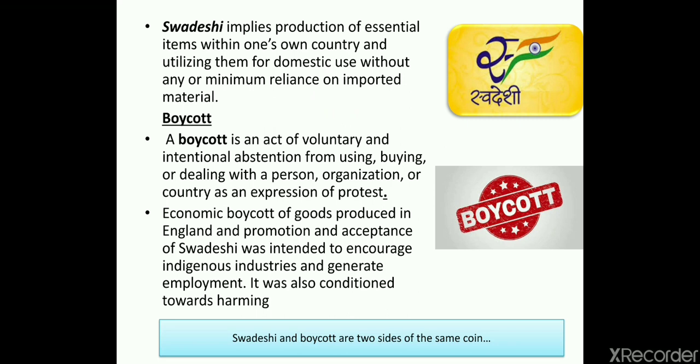Now, another method which was adopted by the Indians, the assertive leaders, was boycott. Boycott and Swadeshi actually go hand in hand. Sometimes we call them the two sides of the same coin. In the absence of boycott, there is no existence of Swadeshi, and in the absence of Swadeshi, there is no existence of boycott.